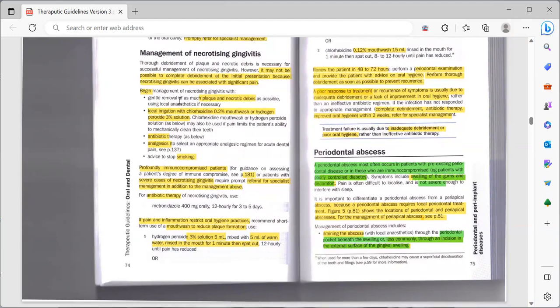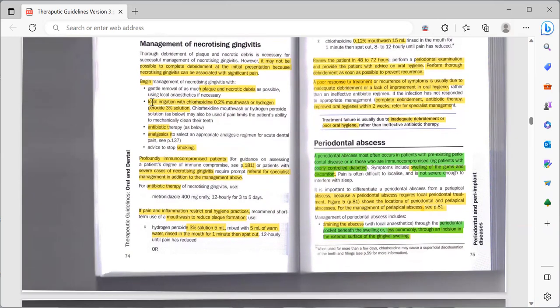Firstly, gently try to remove as much plaque and necrotic debris as you can, using LA if necessary. Then locally irrigate that area with chlorhexidine 0.2% mouthwash, or you can use hydrogen peroxide 3% solution.